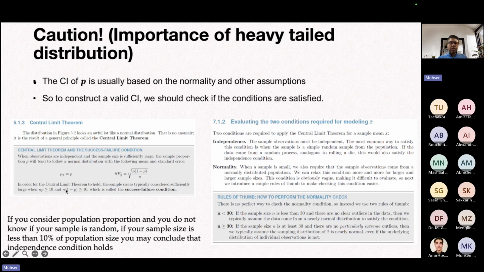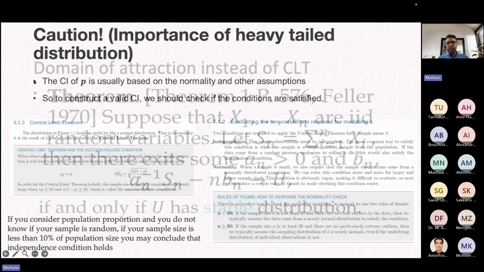Like here, in the box to the right hand side on the bottom, we can see for n less than 30, the central limit theorem normally doesn't work, but for n greater than or equal to 30, you should be very careful, and you should check there is no particular extreme outlier. If you have some of them, you should be very careful because the central limit theorem might not work. That's what we learn in introductory courses in statistics.